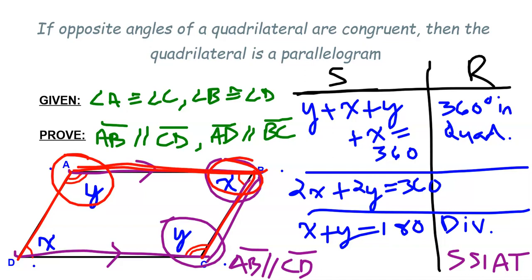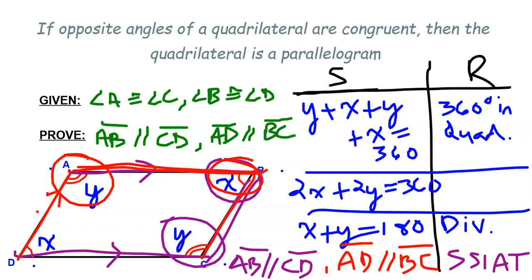And so same side interior angles, x plus y is 180. Those two same side interior angles are supplementary. Therefore, AD is parallel to BC. Again, because of the same side interior angles theorem.